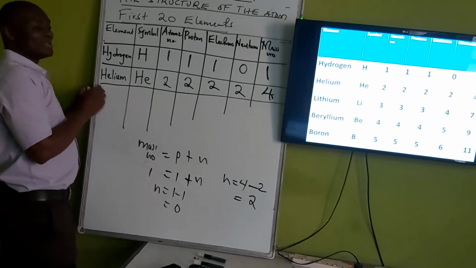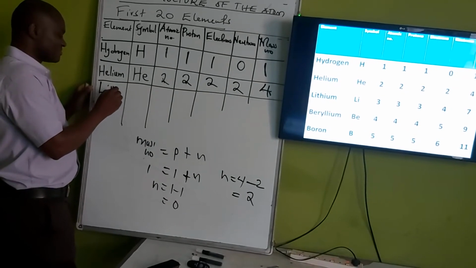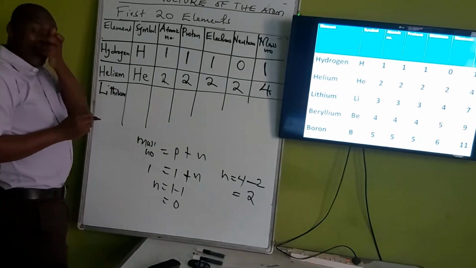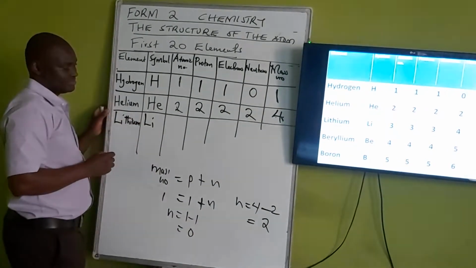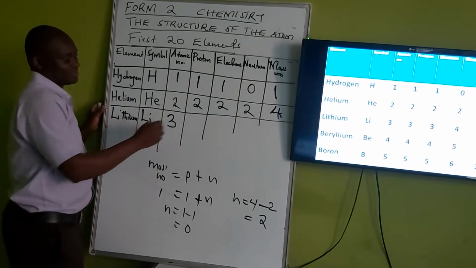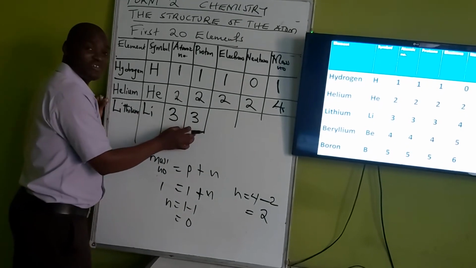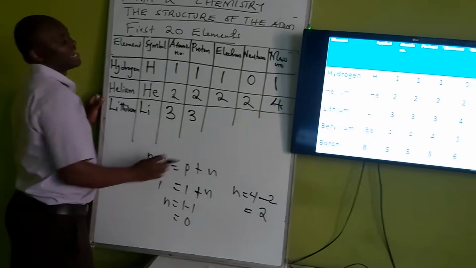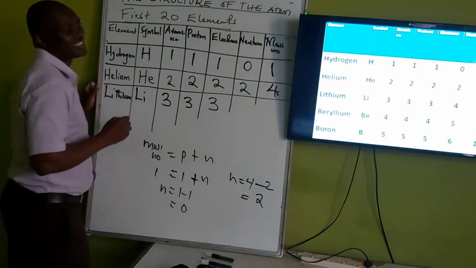The third element in our table there is lithium. The symbol for lithium is Li. So lithium is number 3. Protons are also 3 because atomic number is the number of protons. If protons are 3, electrons are also 3.